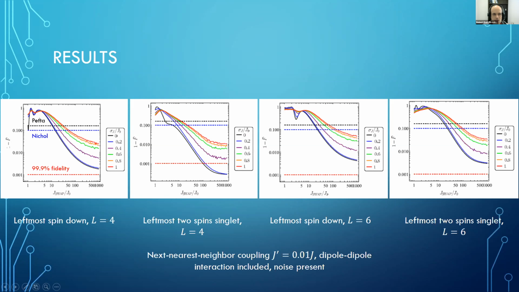As I was saying before, I don't really have a rigorous explanation for what's going on here, but my hand-waving explanation is simply that at these small values of J swap, there's probably enough time for oscillations coming from the crosstalk terms to go through more or less a full period.